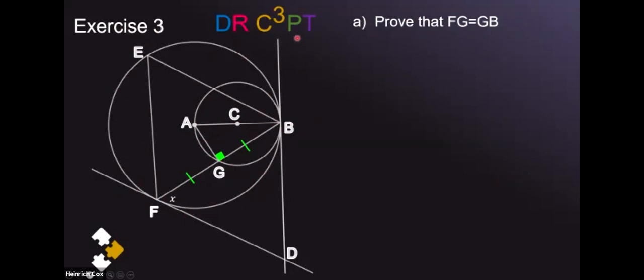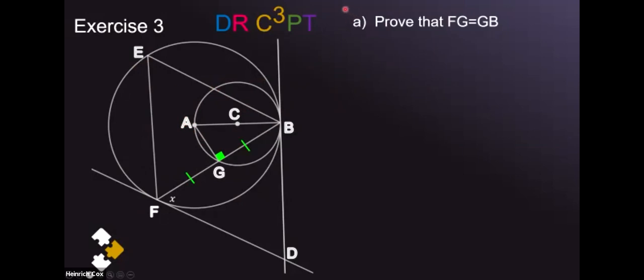Cyclic quadrilaterals: B, F, E are the only points on the large circle, so no. On the small circle, we've got B, G, A. There's kind of this point there, but nothing's connecting it to A, so it's not a cyclic quadrilateral. And then the other one is chords that are equal, and we don't have that information given.